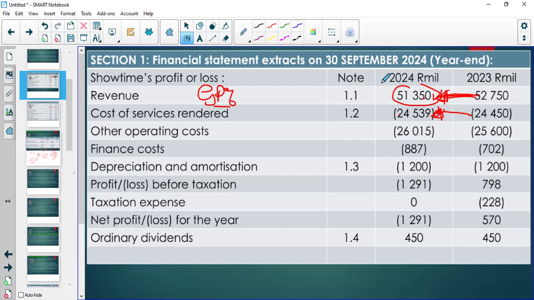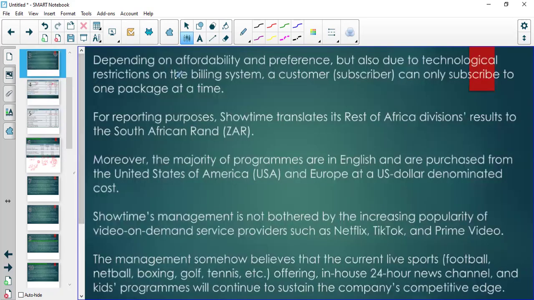So what that means is we ended up with a lower gross profit percentage because our customers went away and the costs remained where they were. So when you deal with ratios, you need to be able to calculate the ratio and determine the movement in the variables that make up that ratio. Then you relate that to the case study, because the case study will tell you what has been happening, right?